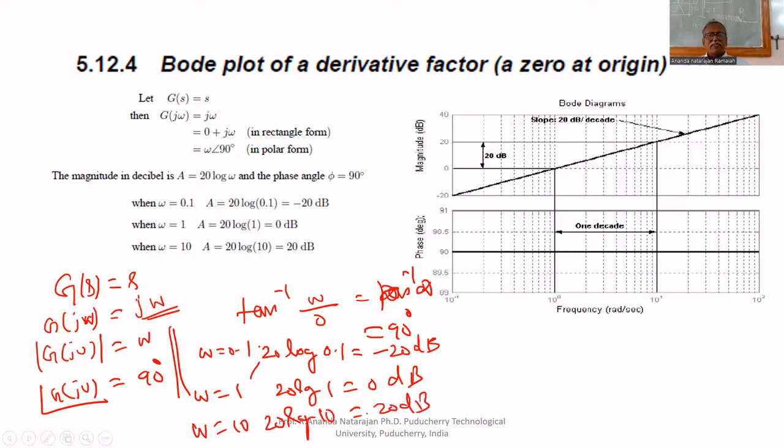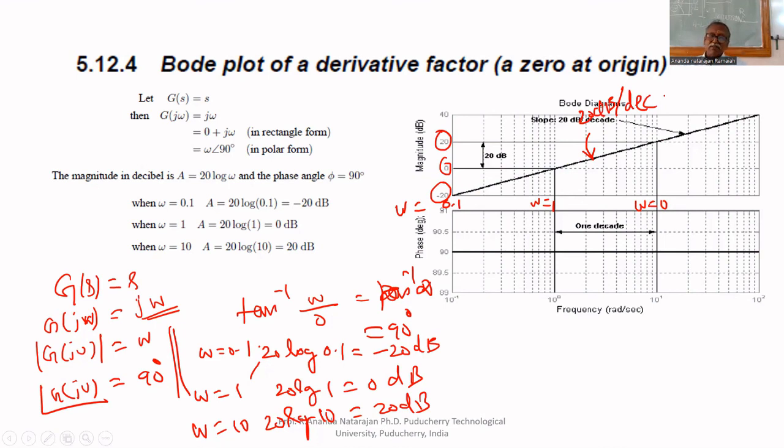So as omega increases, the magnitude increases. Therefore, the plot: when omega equal to 0.1, minus 20 dB; when omega equal to 1, 0 dB; when omega equal to 10, 20 dB. So it increases, and the slope is positive 20 dB per decade.